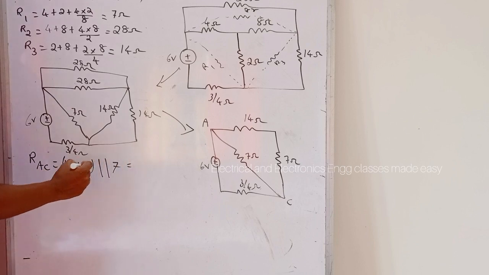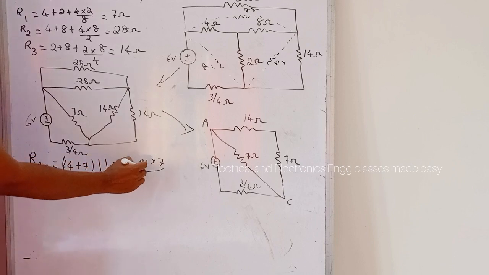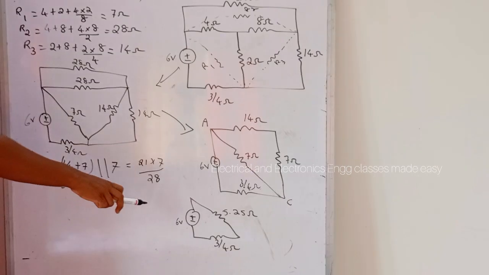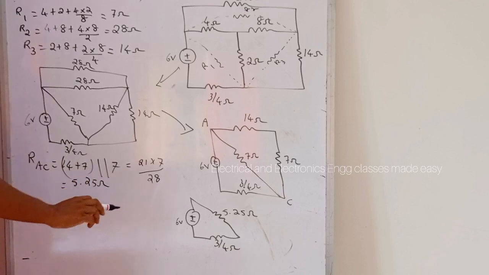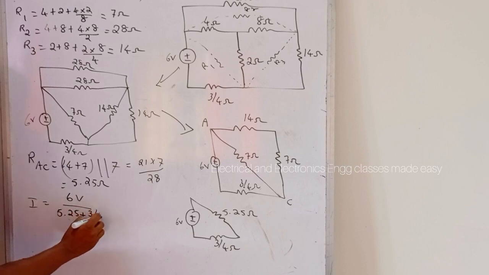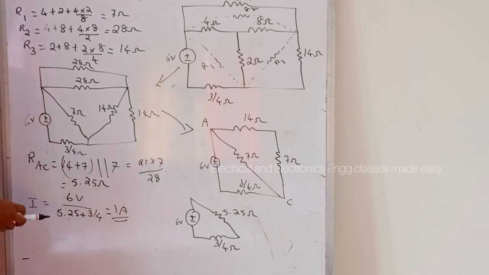So we will get 21 into 7 divided by 21 plus 7, and that is equal to 5.25 ohms. So this is the new circuit diagram. Now we can find the current from the source. I is equal to V divided by the total resistance, that is 5.25 plus 3 by 4, and we will get 1 ampere. So that is the value of the current from the source.